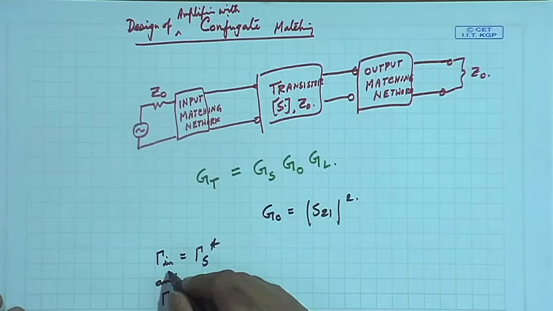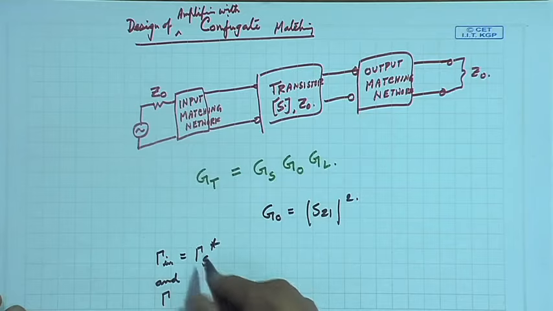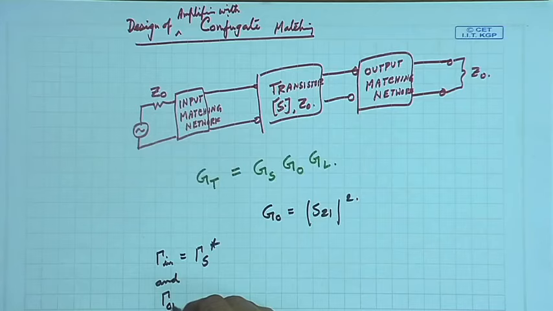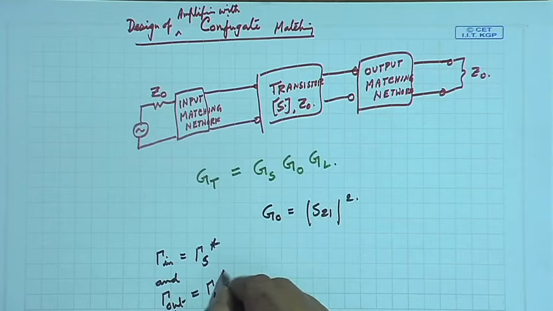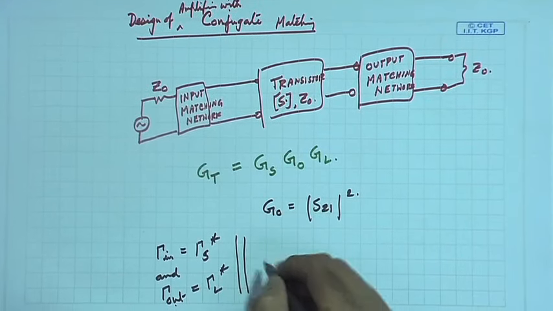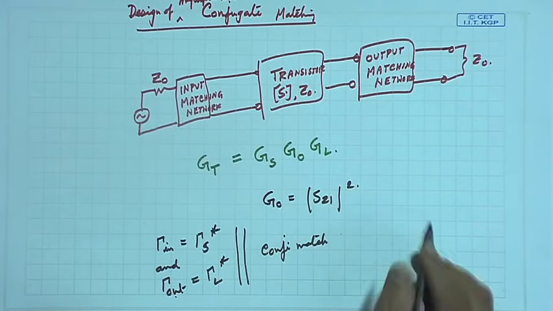So, in that case gamma in is a function of gamma L, and gamma out is a function of gamma S. Together, simultaneously, the input and output should be matched for conjugate matching, and conjugate matching says that you choose gamma in equal to gamma S star and gamma out equal to gamma L star, so that you become a conjugate match and you get maximum power transfer.